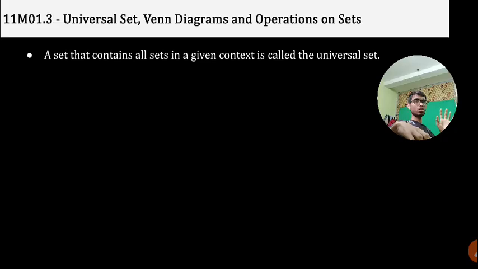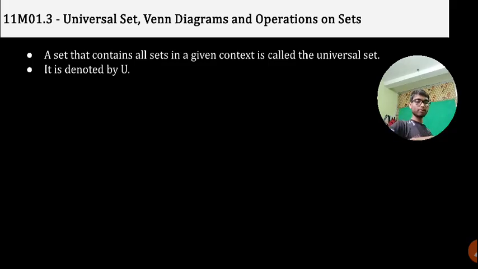It is a set which will contain all those sets which are in context. It is denoted by U. In mathematics, the universal set is denoted by U. Whenever we are representing the letter U, we can say that this U is a universal set.